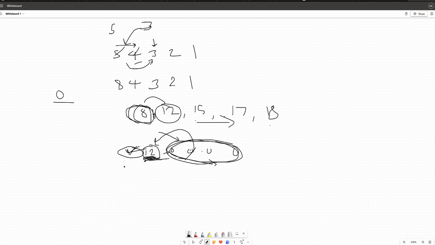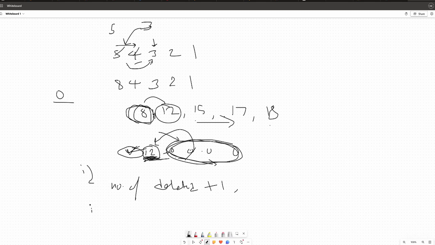So the answer will be the number of deleted elements, sorry for the bad handwriting again, number of deleted elements plus 1 in this case, because this has been added to this, there's one extra element that has been removed. And suppose this number is the greatest and it has no other competitors.